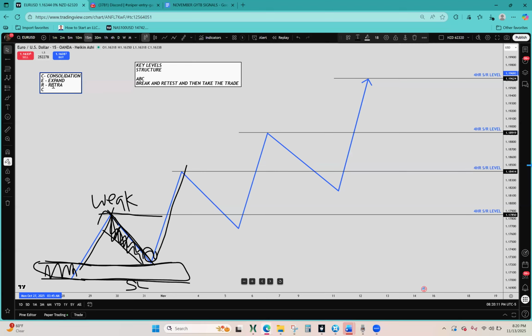Everybody got that part? Retracement phase. Yes. And then we have the continuation. Now, I will say in the books, they're going to call it reversal, but I've learned people tend to remember it better when I say it's a continuation. We're continuing in the direction of the up move.